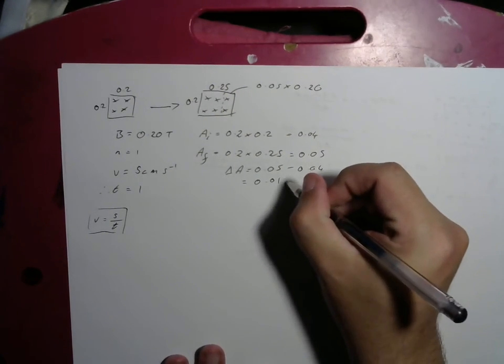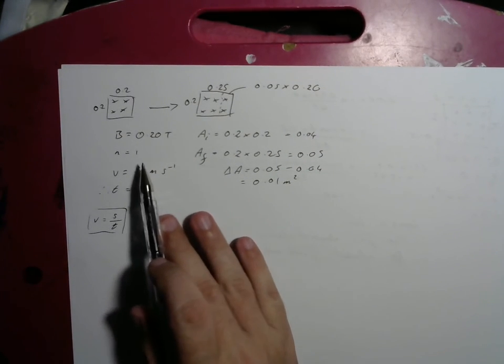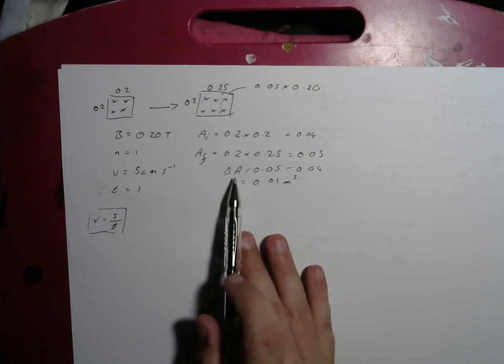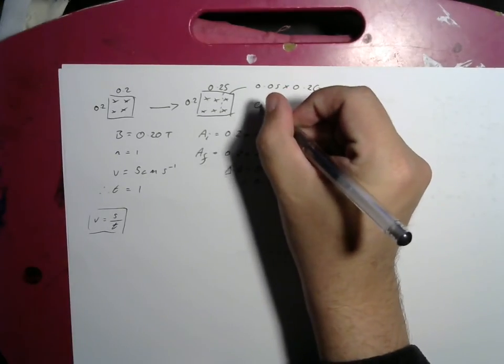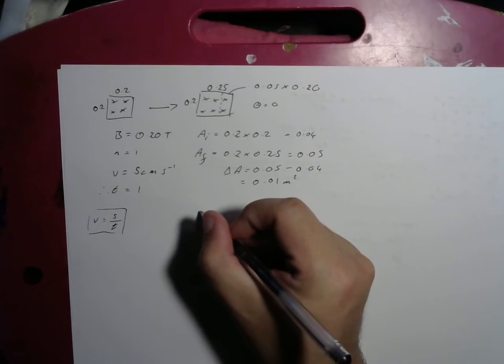Meter squared. Now we have everything we need. We have our B, we have our N, we have our time, we have our A, and the theta, remember, will just equal 0 because we're still dealing with perpendicular things.